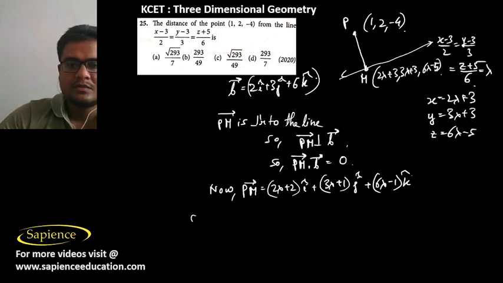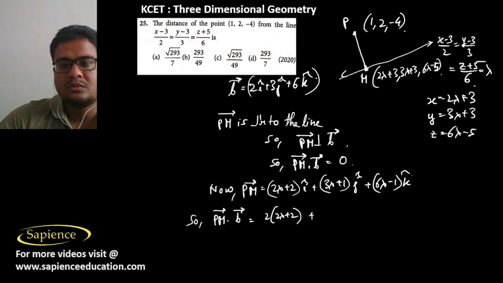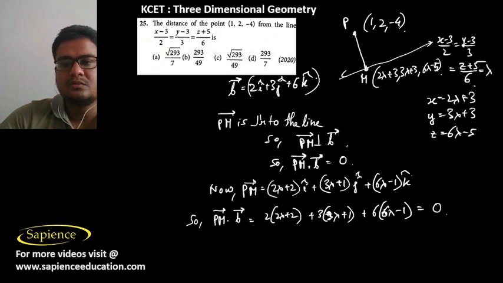So PM vector dot B vector will be 2 into (2 lambda plus 2) plus 3 into (3 lambda plus 1) plus 6 into (6 lambda minus 1), which should be equal to 0.